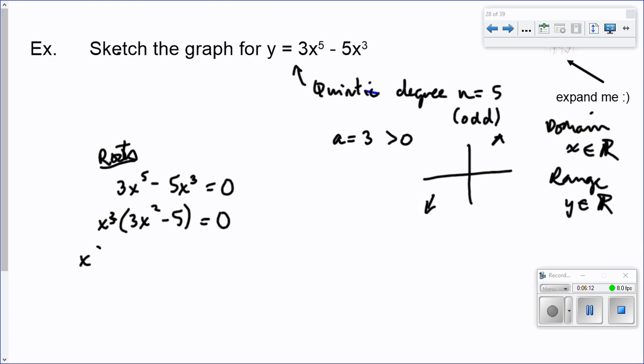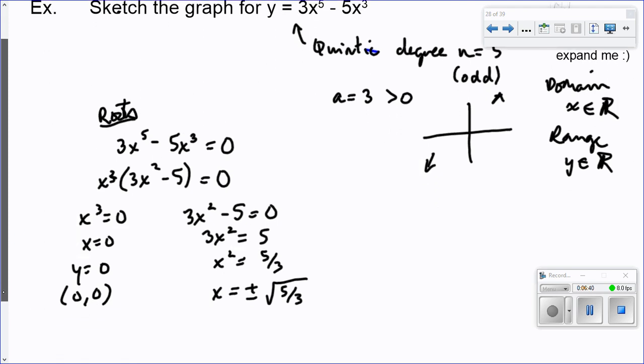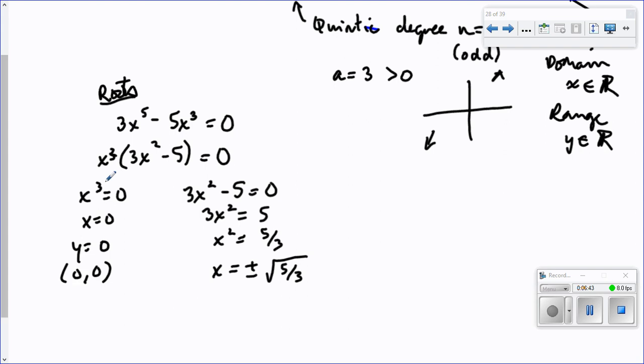So I have a root at 0, and that particular point is the origin, and I'd have roots at x equals plus or minus the square root of 5 over 3. That's a decimal approximation, but it looks like I've got a triple root here. X to the power 3 is a triple root.